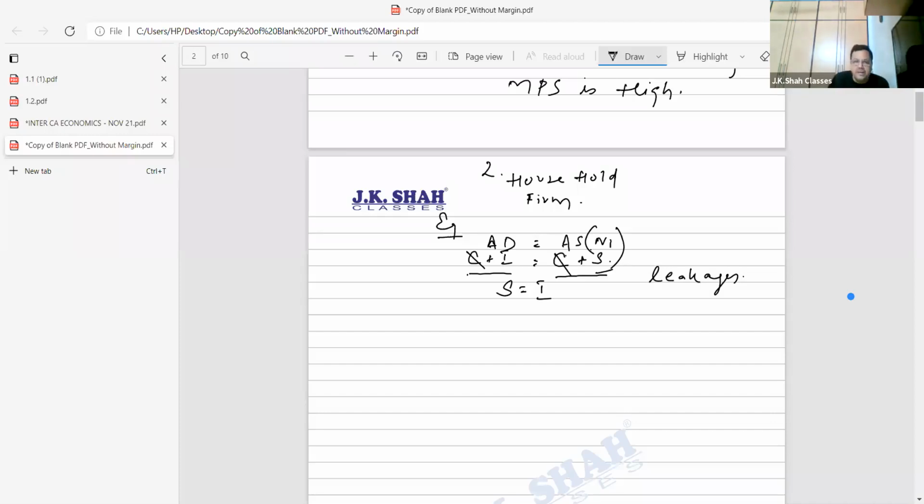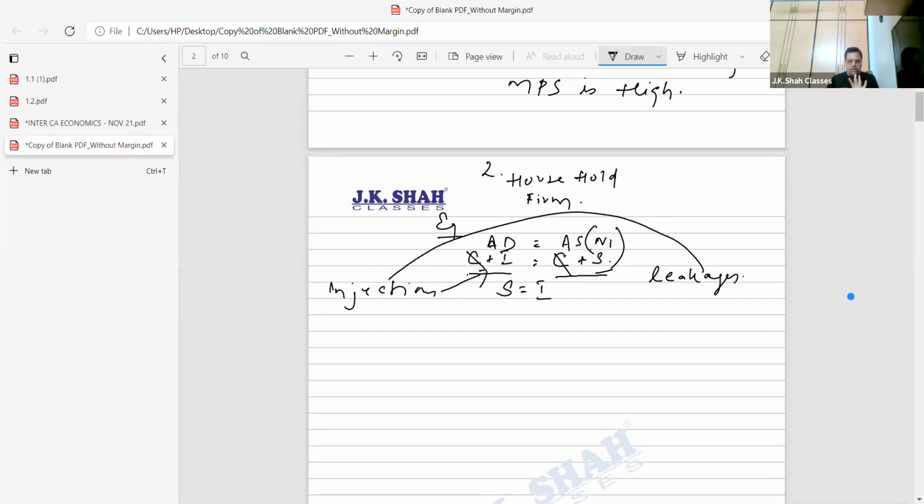That leakage has to be taken care of by injections. And what are these injections? Injections will be investments. So another way of understanding is, students, equilibrium takes place when leakages are equal to injections.